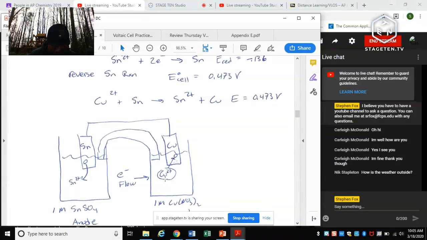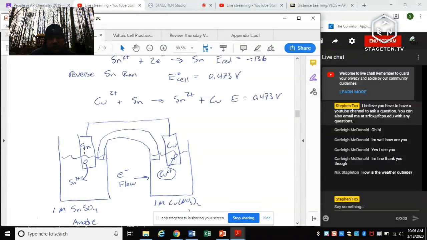So notice the copper ions in solution here are going to be placed onto the metal copper electrode as solid copper neutral atoms. And an important thing to note is as the tin pushes its electrons across the wire towards the copper, it's going to start dissolving as tin 2 plus ions in solution over here.